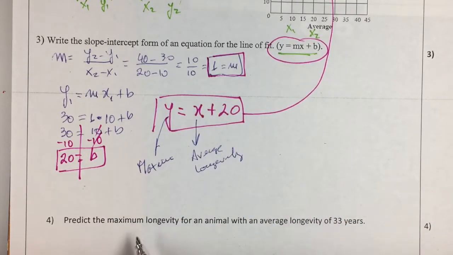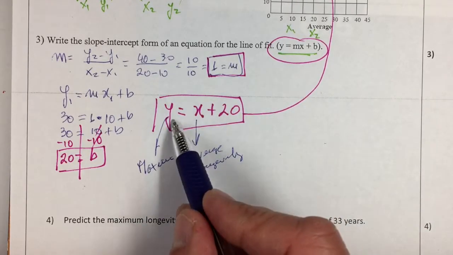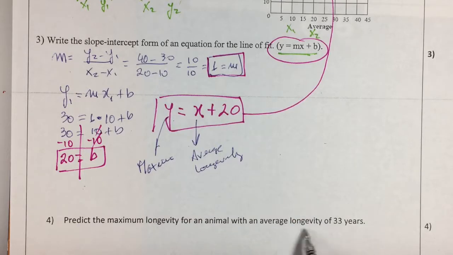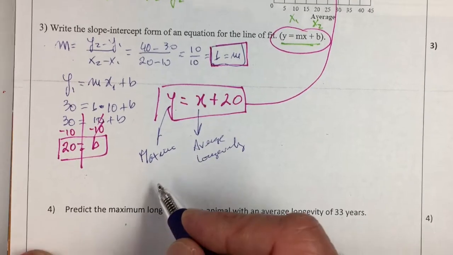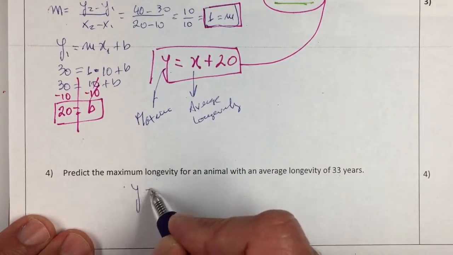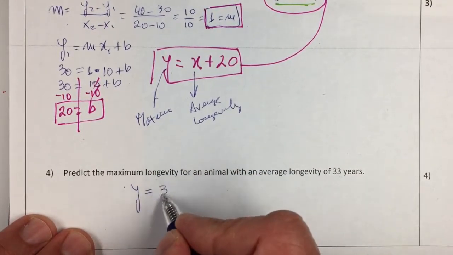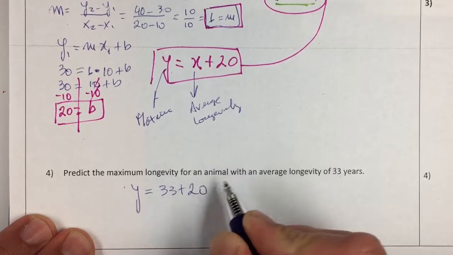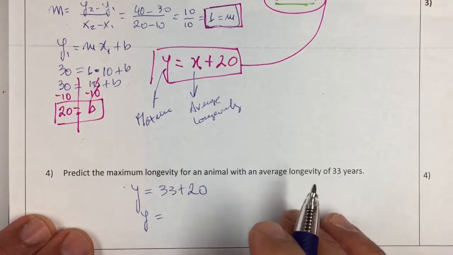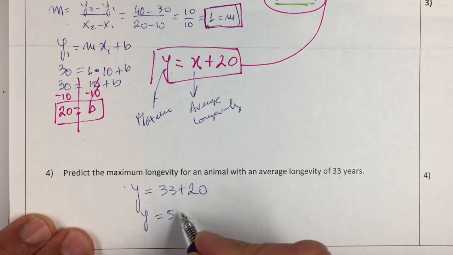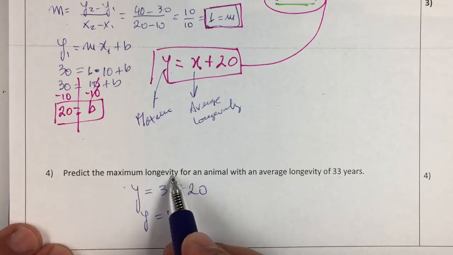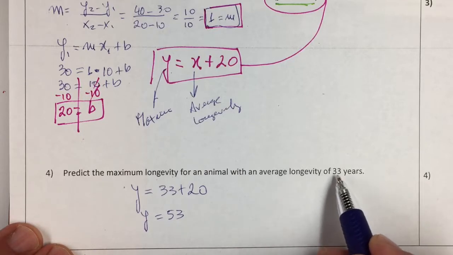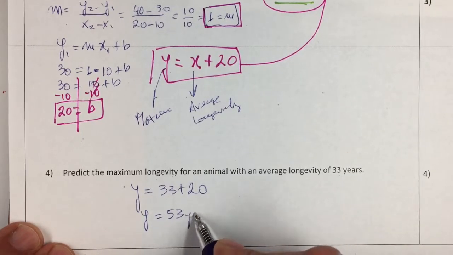Okay, so in order to find the maximum longevity y, I need to replace the average longevity 33 years in x. So I'm going to do it. y equals 33 plus 20, and 33 plus 20 is going to be 53. So my maximum longevity for an animal with an average longevity of 33 is going to be 53 years.